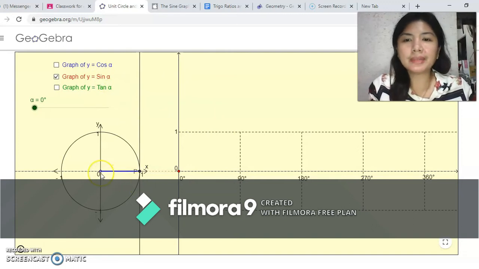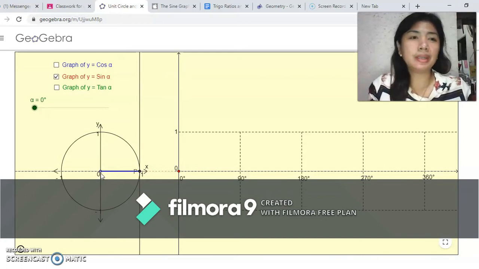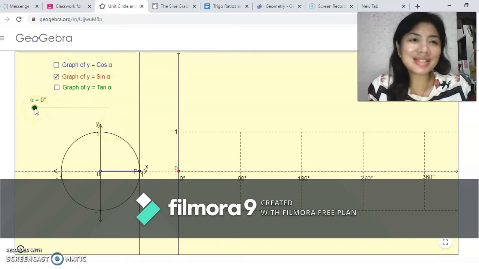And we all know that with the sine function we can have the opposite, the y line or the sine line, that would be at the y-axis, something like that. So please observe what will happen once we increase the magnitude of the angle.